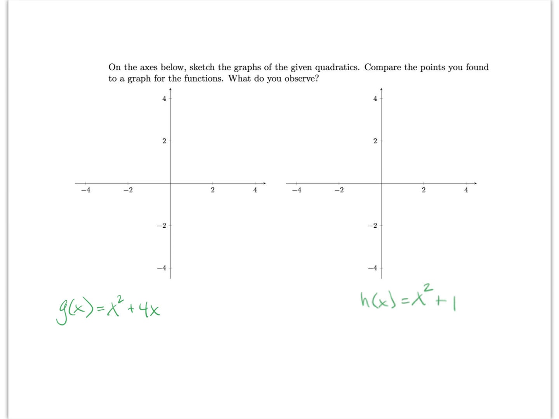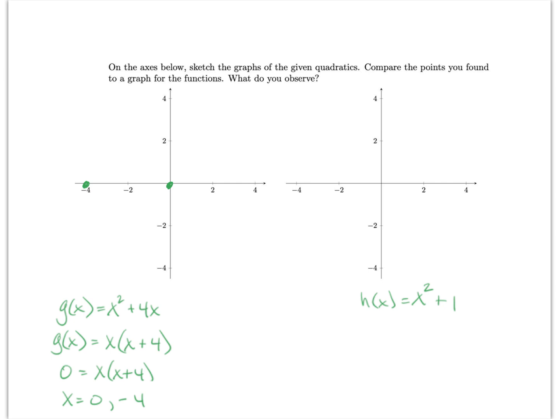I can be a little more specific in that I could find the x-intercepts of g of x by factoring out an x, setting it equal to 0, and I get x equals 0 and negative 4 as my x-intercepts. So 0 and negative 4.